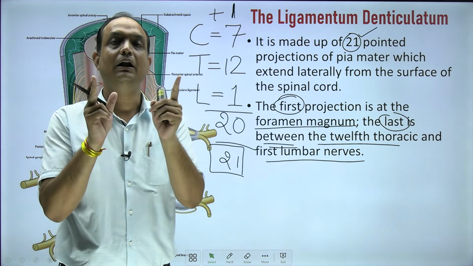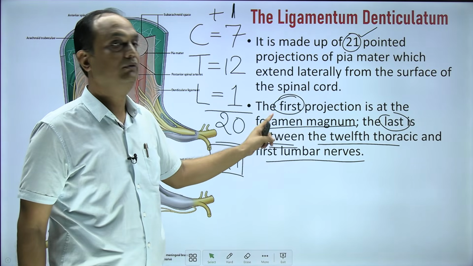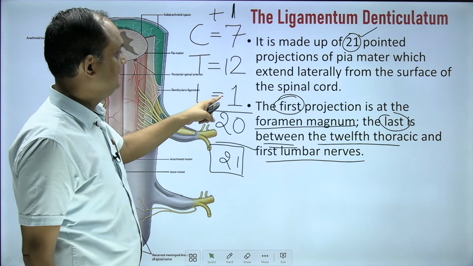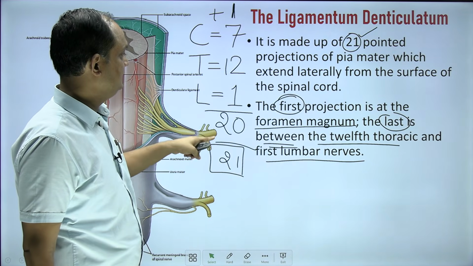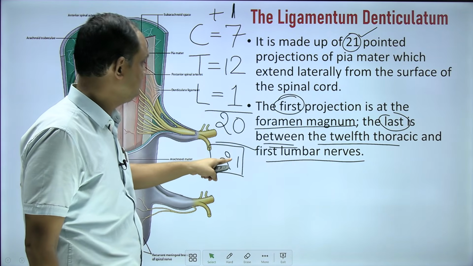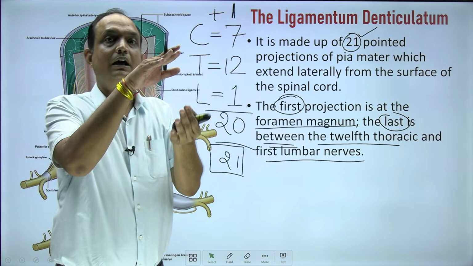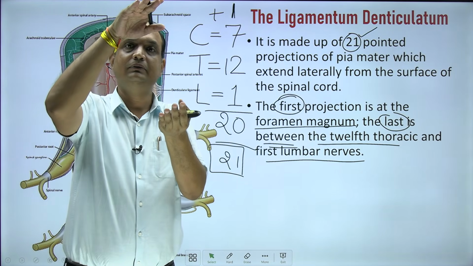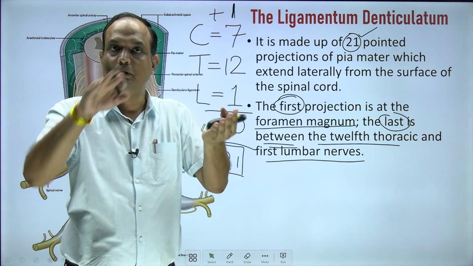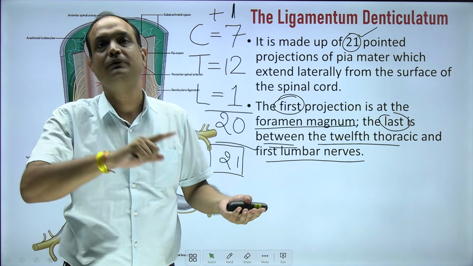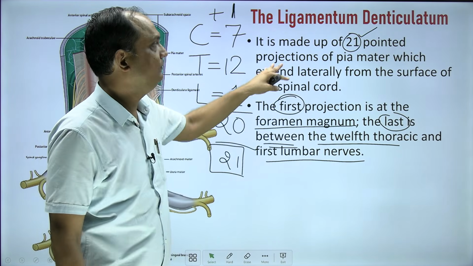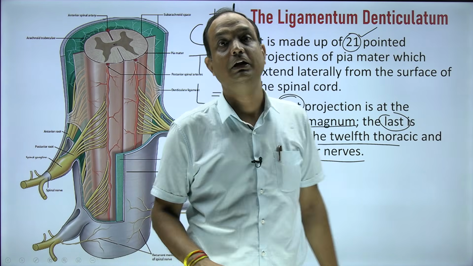Because they end along with the spinal cord at L1. And because they end at L1, the total number is 20, but the extra one is above the C1. So one is above the C1, then below the C1, below the C2, below the C3, below the C4, something like this. So you will find that the total number is 21.